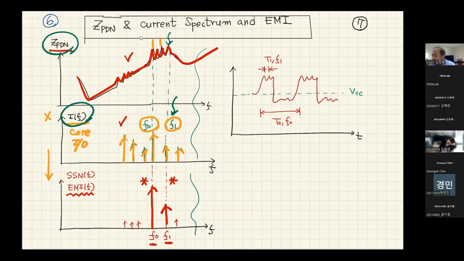Let's assume that unfortunately you have two EMI peaks. In the time domain, you're going to see that it has some ringings.